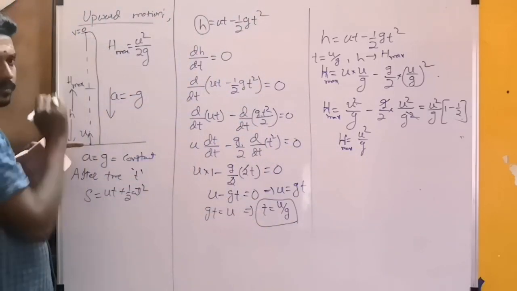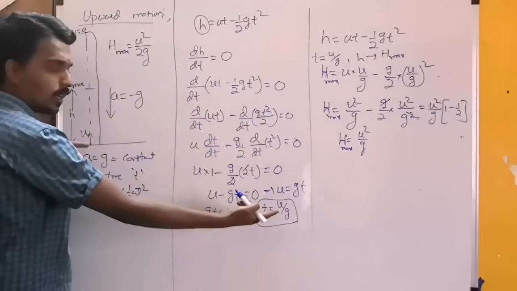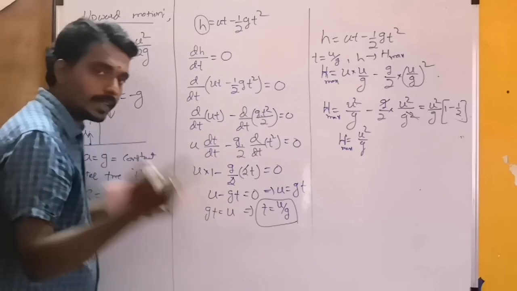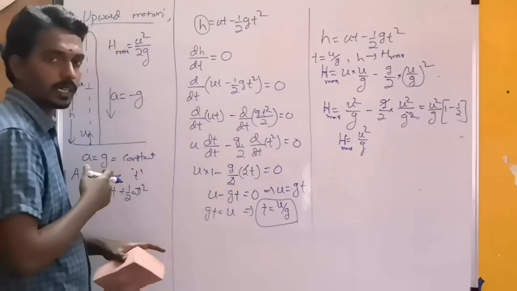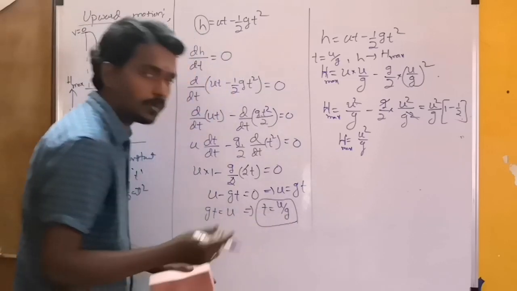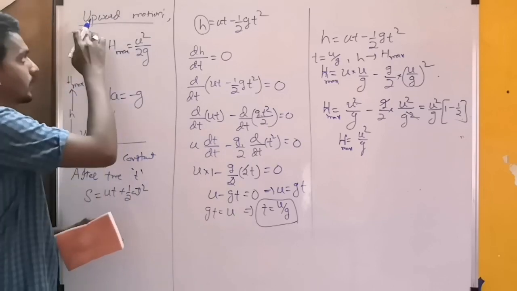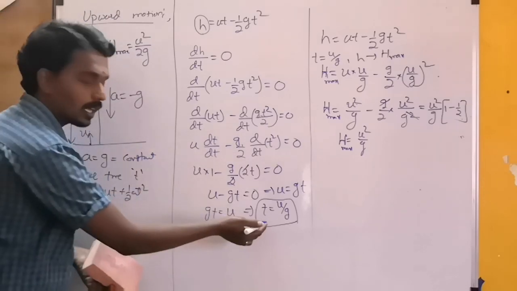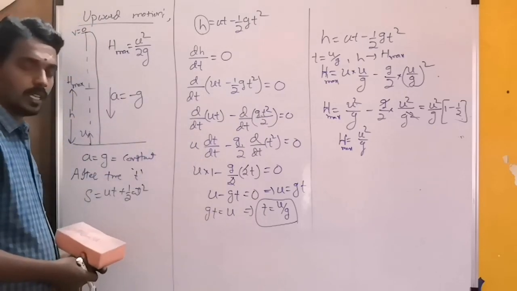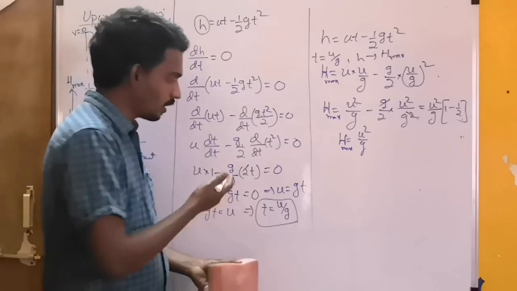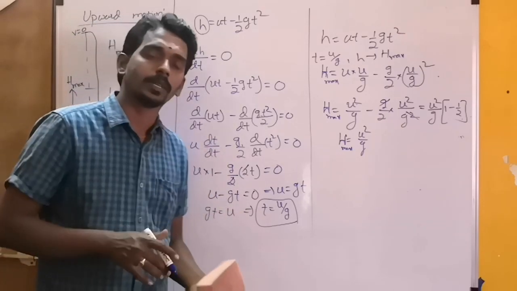At a particular time. What time? We don't know. But we found it now. How much? u by g. And if you recall those things related to motion under gravity, u by g is the formula for what? Ascending time, the time taken to reach maximum height. That also you can find using differentiation. See, don't ask me what is the necessity to find using differentiation. Here you have an alternate method.